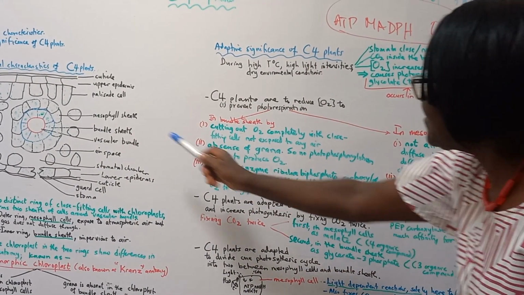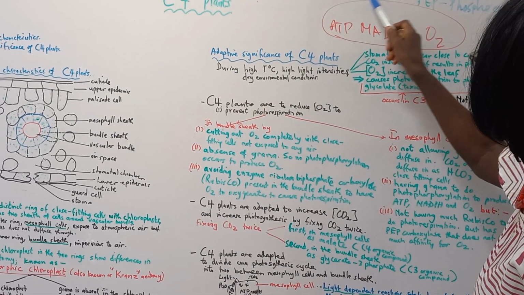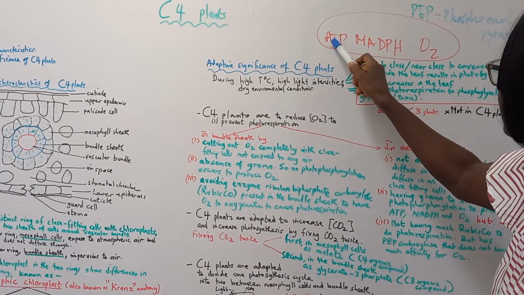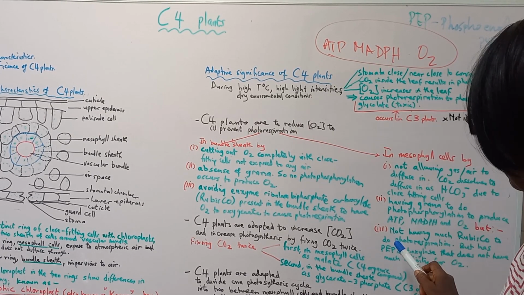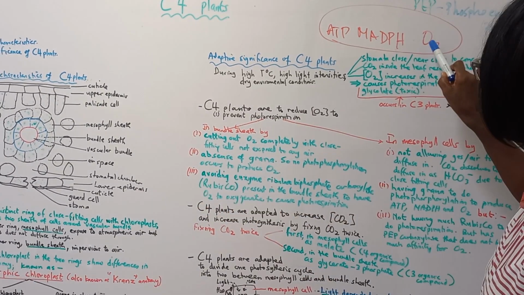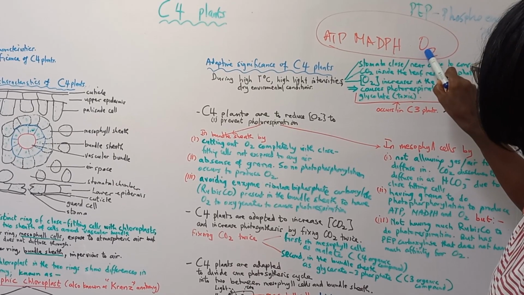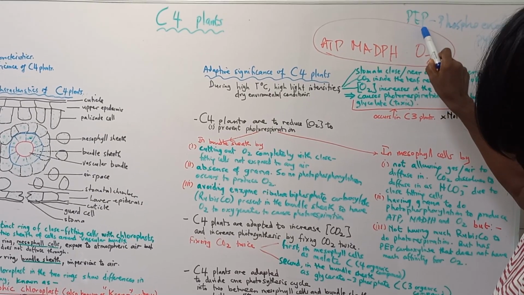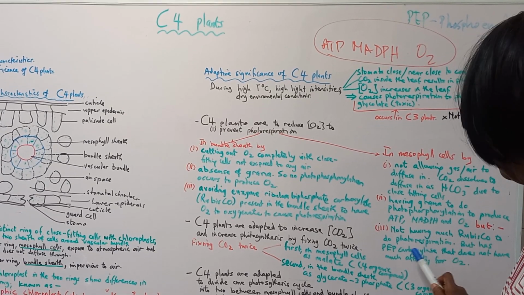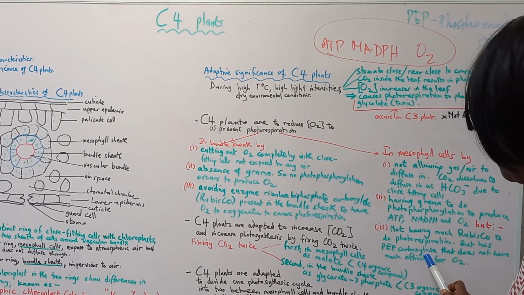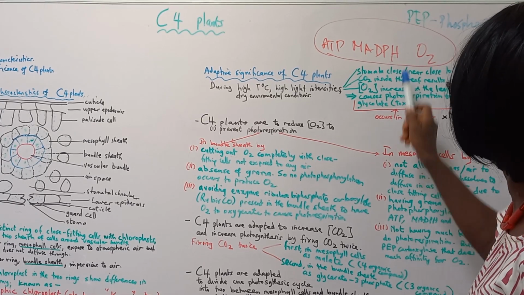So the mesophyll cells undergo photophosphorylation to produce ATP and they produce oxygen, but the cells do not have enough rubisco to allow photorespiration to go on. The cells have the enzyme PEP carboxylase, and PEP carboxylase does not have much affinity for oxygen.